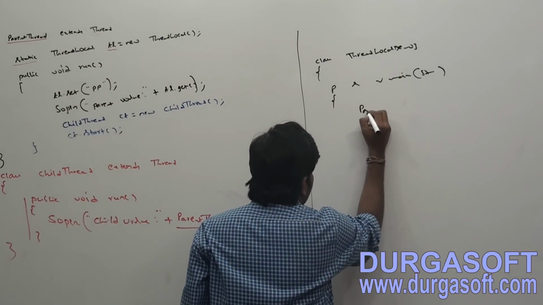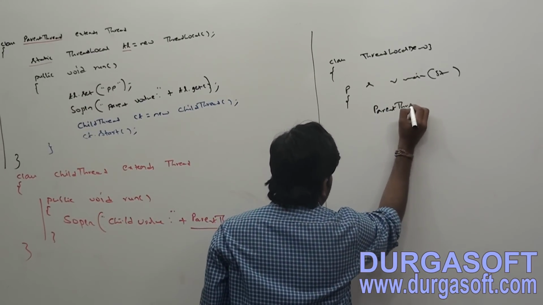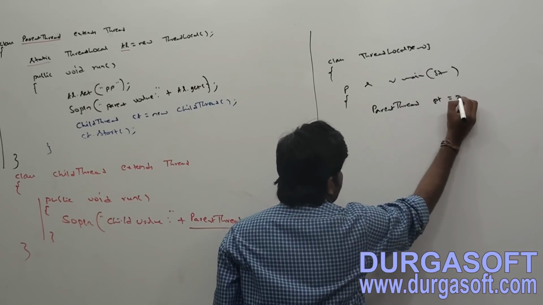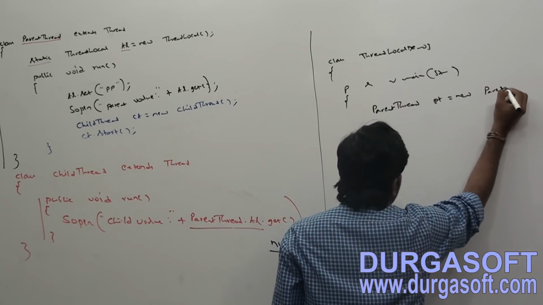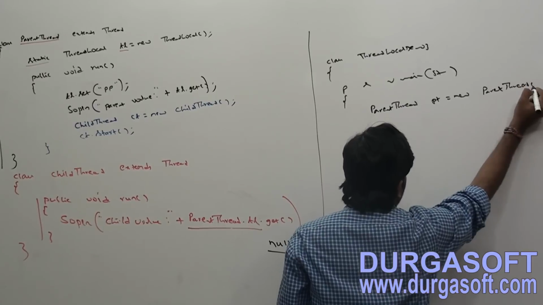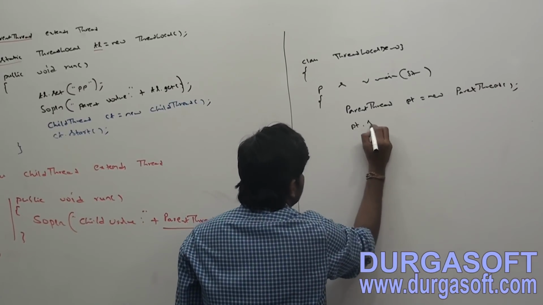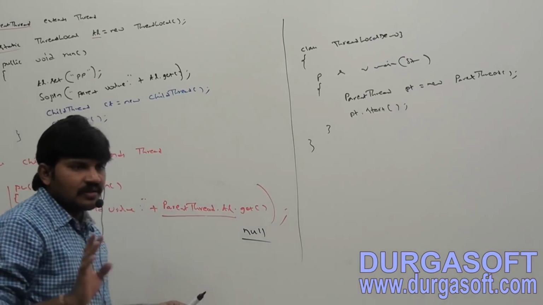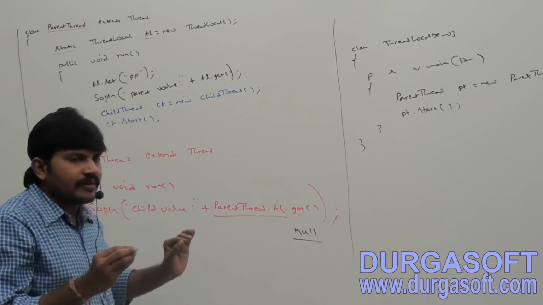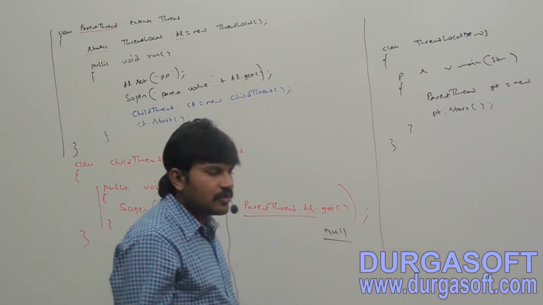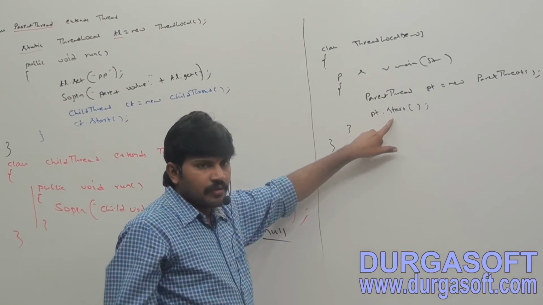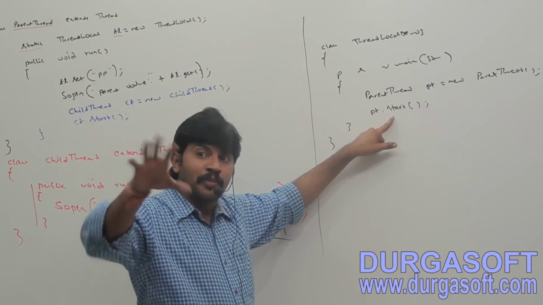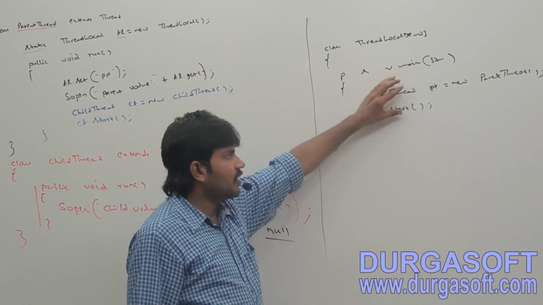Can you tell what the code is? ParentThread pt is equal to new ParentThread, and then pt.start. Now observe this one. Which thread is responsible for starting this parent thread? The main thread. So the main thread acts as the parent thread for this thread.